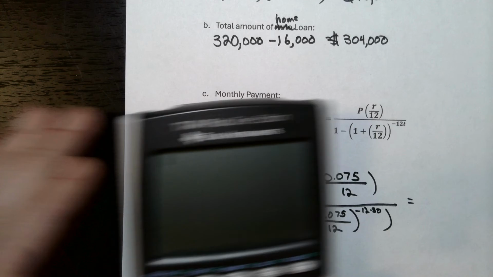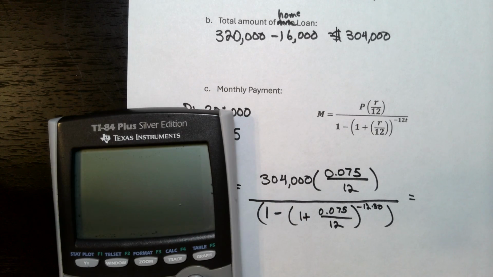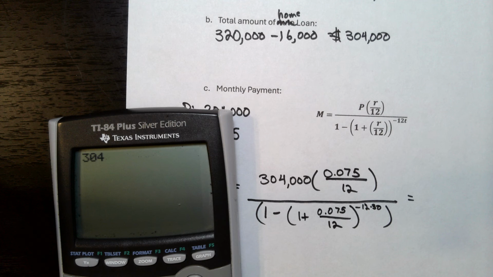So it will be, right over here, 304,000 times 0.075 divided by 12. That's the top. Close that parentheses, divide. Now open up this parentheses, 1 minus, another parentheses, 1 plus 0.075 divided by 12.